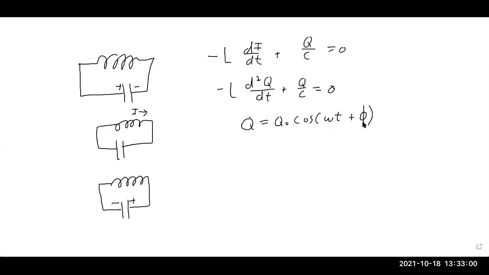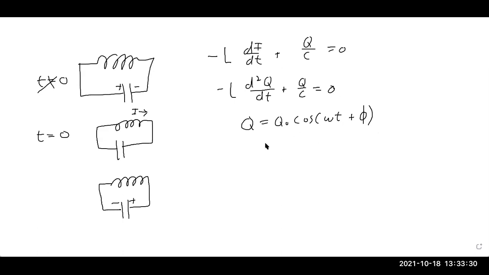So this is just taking into account the fact that maybe we didn't start like this. Maybe we started with current in the inductor, but no charge in the capacitor, or some combination. This is just going to shift the phase of our cosine curve to match our starting conditions.